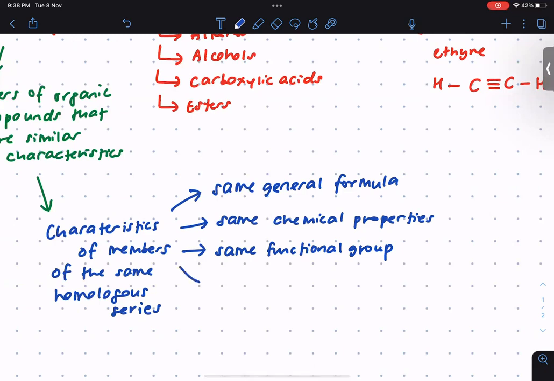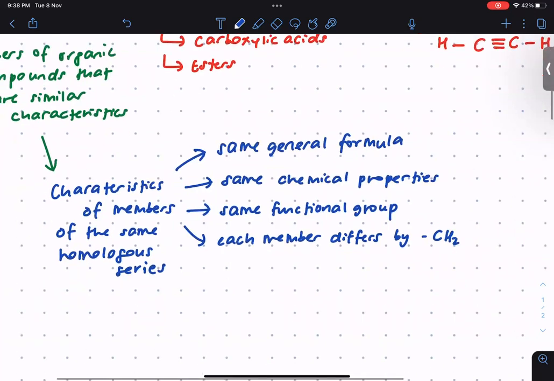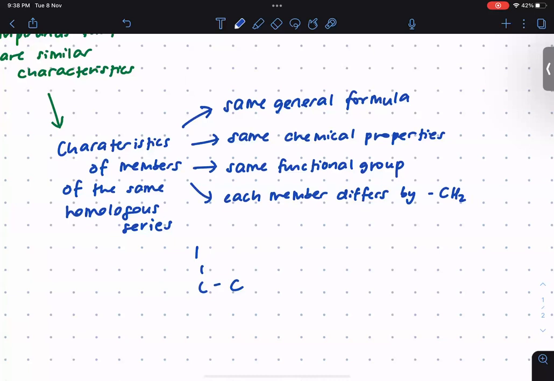The next one: each member of the homologous series differs from each other by CH2. This means that as the chain length increases, the chain extends by one extra CH2. For example, take ethane and propane.